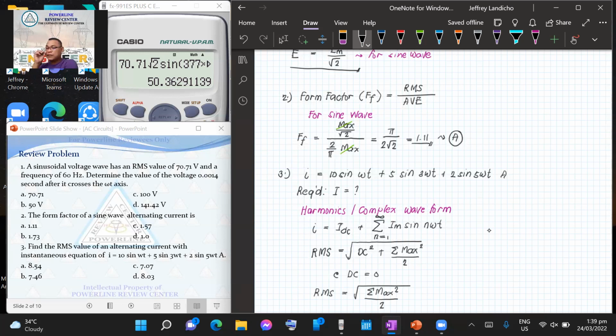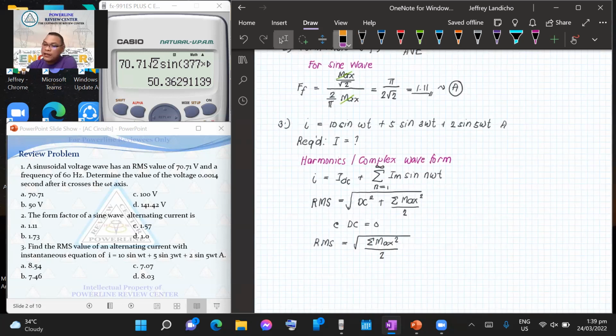Sir, why maximum value squared? Because, kapatid, to remove the square root, we square both sides. So it comes out squared. Now, if you go back to the RMS value for a sine wave, the RMS value is the maximum value over the square root of 2.